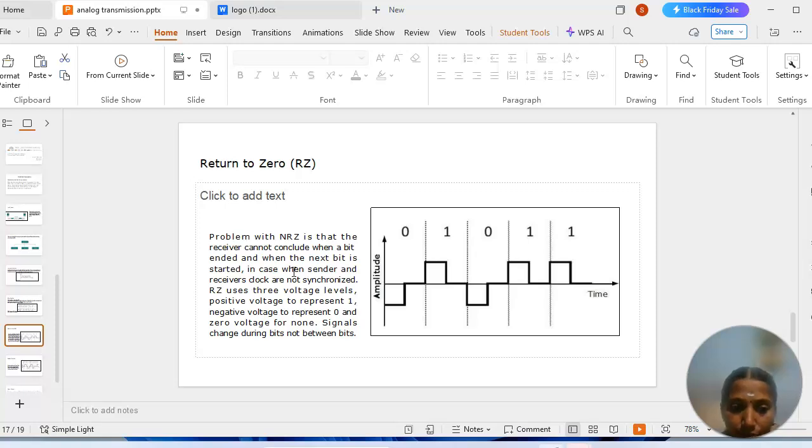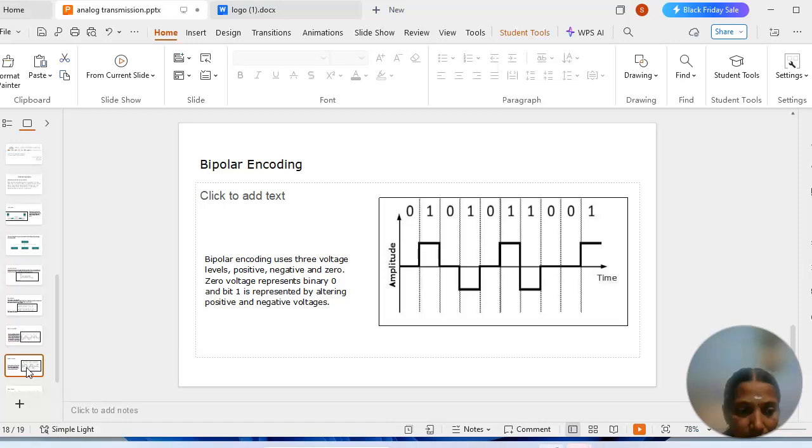But return to zero uses three voltage levels. Positive voltage represents 1, negative voltage represents 0, and zero voltage for none. Signals change during the bits.